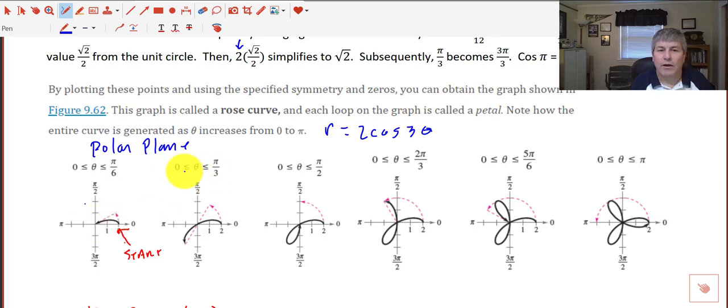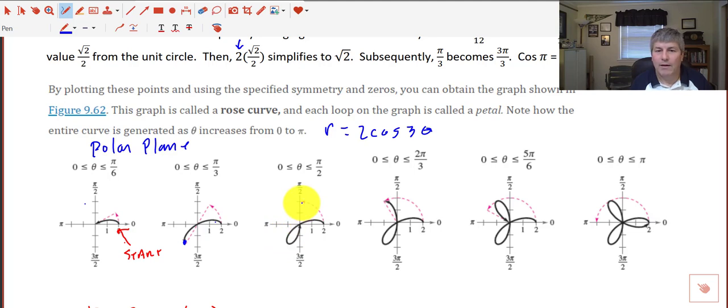So when theta goes from 0 to pi over 3, our values move down to here. These become the r values. And as we continue to rotate theta around, our r values move and create the petals.